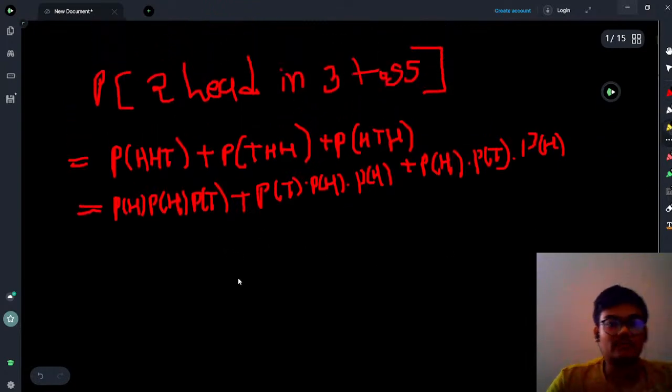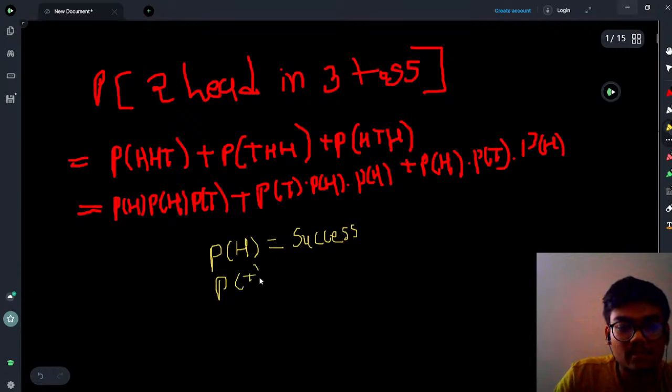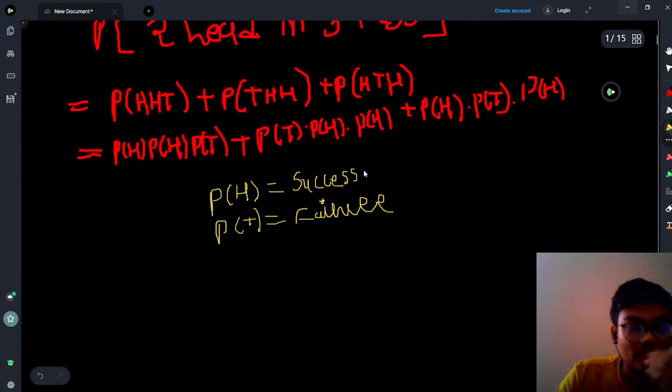So we know that we are finding two heads. So let's consider finding a head as a success, because we want to find the two heads, and finding a tail as a failure. Let's represent success in terms of p and failure in terms of q.